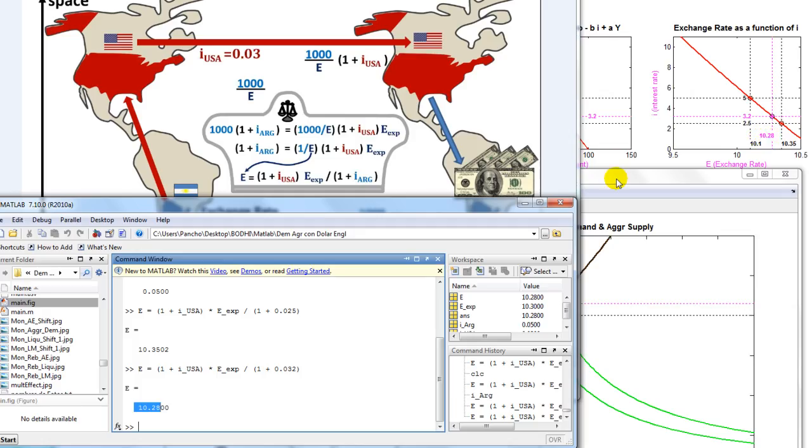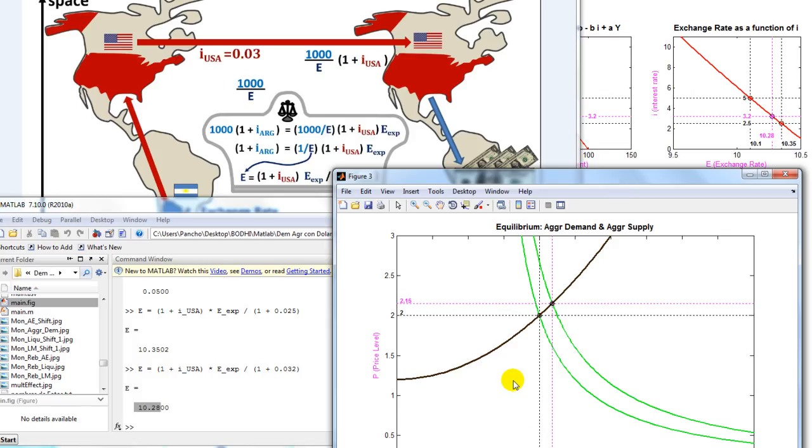In future videos we will see that this kind of bounce happens because prices are not constant if the supply curve is not horizontal. So if the aggregate supply curve is horizontal, then we will get this point. But if it is not, then we will get this purple color point.